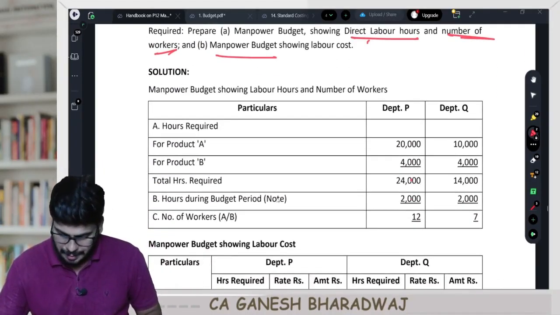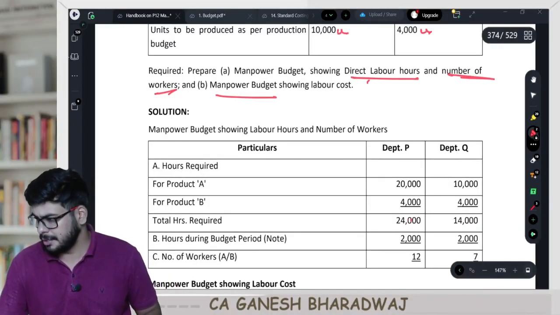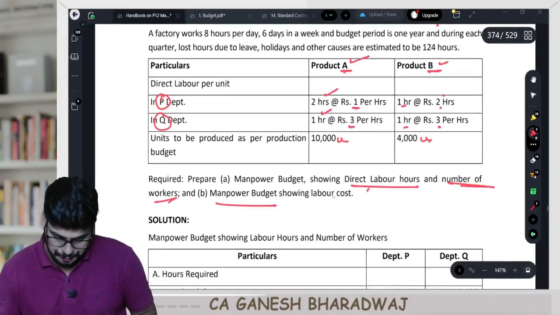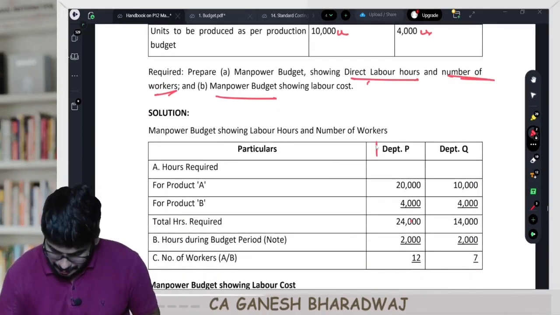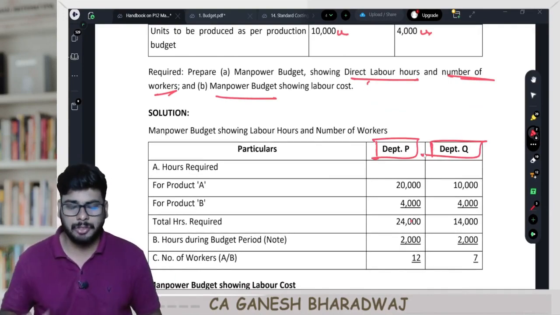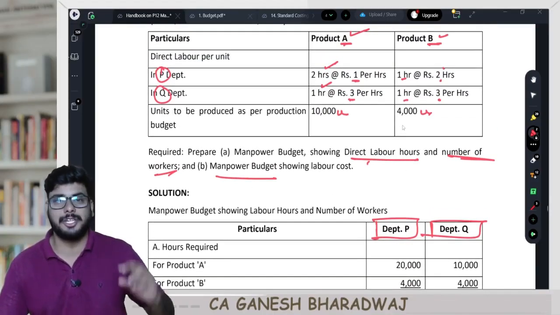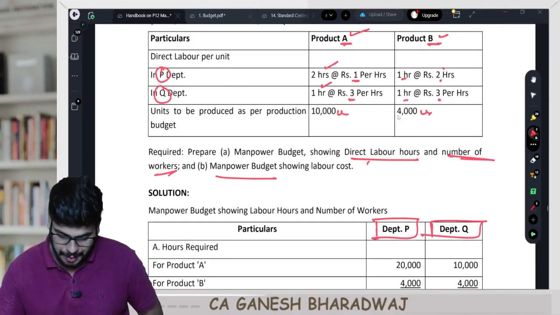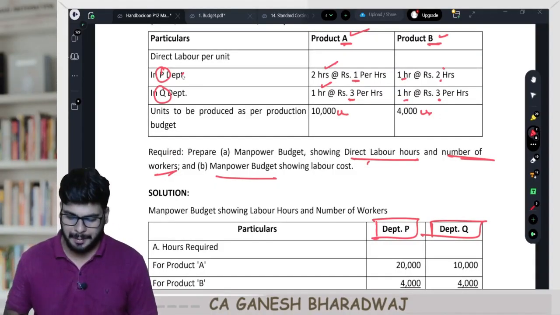Now, very simple. Now, look at this. It's pretty much straightforward. Now, first of all, look at this. Department P, Department Q. There are two departments where the laborers are working. Now, first, let us budget the total number of hours required. Now, in Department P, both the products A and B will pass.